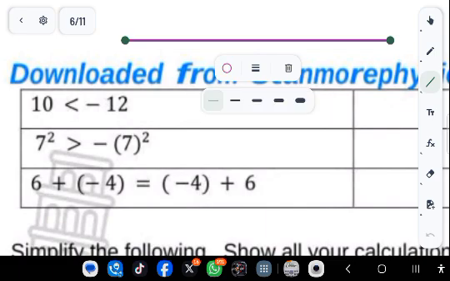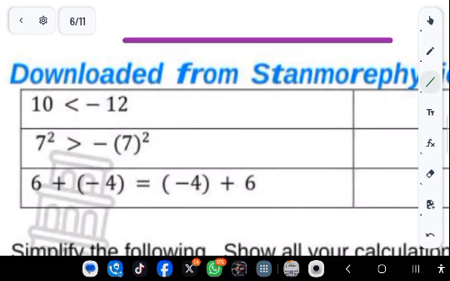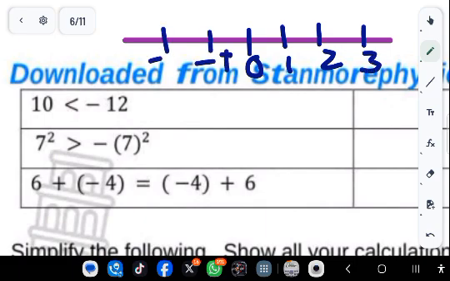In a number line like this, your 0 is right in the middle, and on the right hand side we have your positive numbers, and on the left hand side that's where you have your negative numbers. So 0 is bigger than all the negative numbers, but it's smaller than all the positive numbers. 1 is bigger than 0 but less than 2.